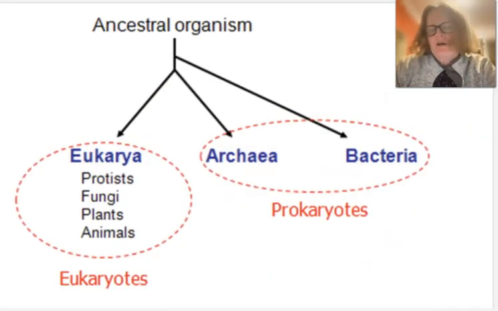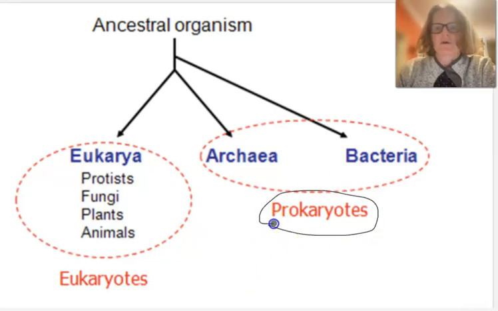So let's have a look at the evolution of these cells. All cells came from an ancestral organism, which was very primitive, and the very earliest cells that came from that were prokaryotic cells, non-nuclear, very tiny cells. And there are actually two groups of prokaryotes: bacteria, which are still around today, and archaea. And the archaea are the ancient bacteria.